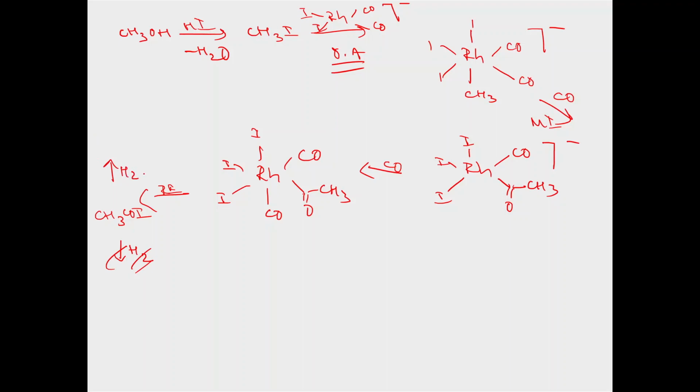This H2O was there, it gave CH3COOH. And then again this whole thing will take place. So this is the whole Monsanto acetic acid process. I too forgot about this thing.